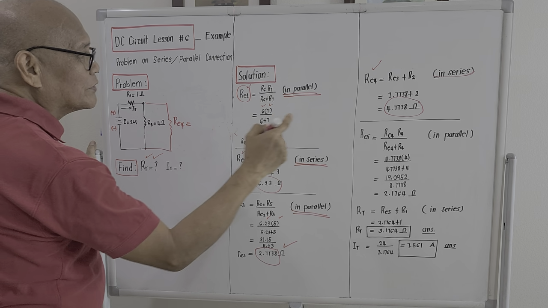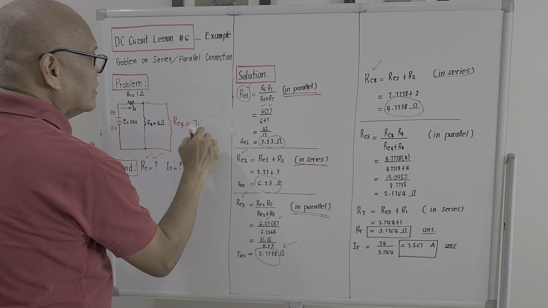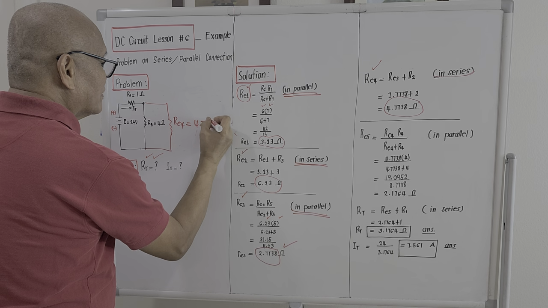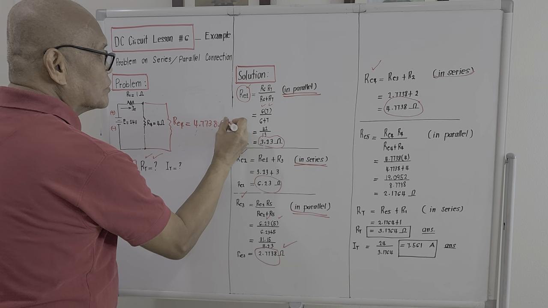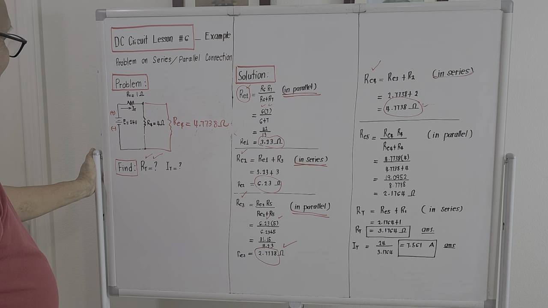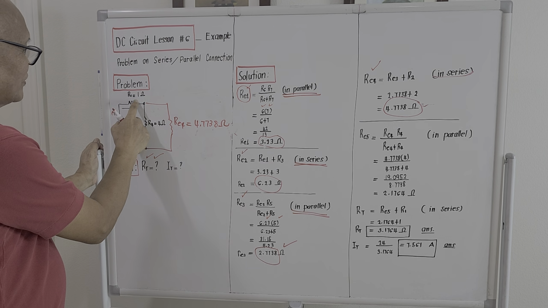This is RE sub 4, and as per our computation, it is 4.7738 ohms. Right? And again, to take this next step, we try to disconnect it here.